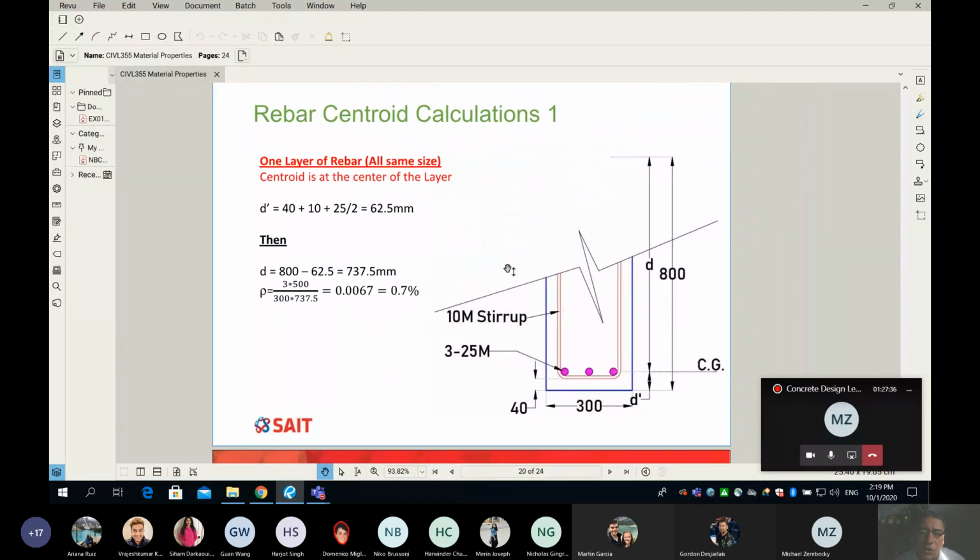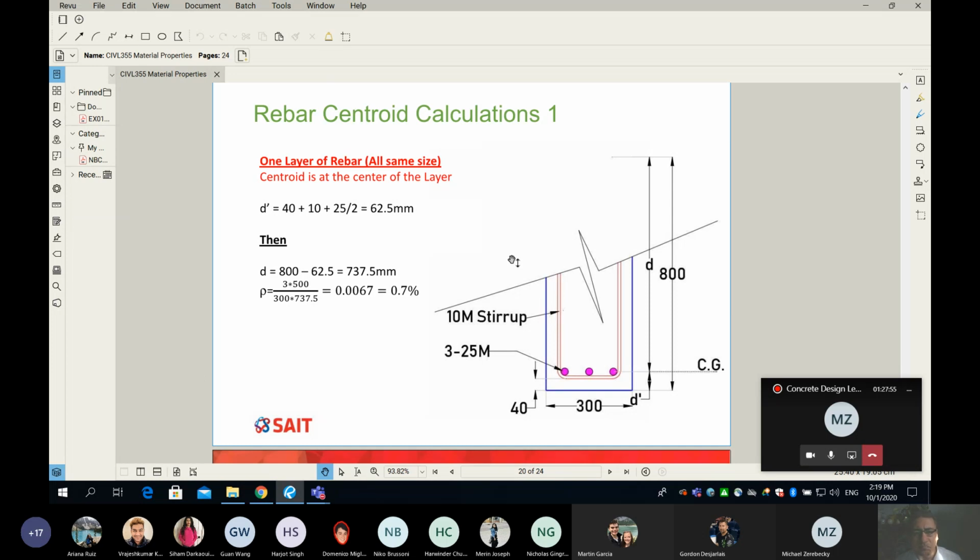Here we go. So guys, I gave you 3 different examples, not only 1, because our rebar can be one of the following cases. Number one, my rebar is on one layer, and all of them are of the same size.